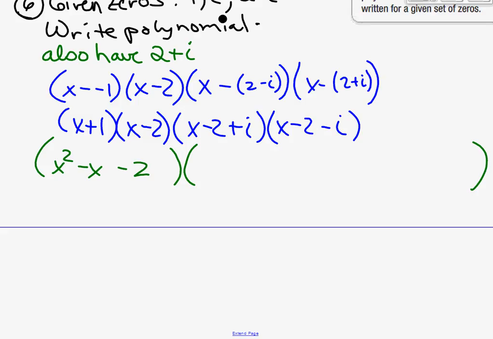So let's do this, and I'll color code again. Eli, why don't you distribute the x times this second one? I'll call it ix because I started the i already. Ashton, multiply -2 times all that stuff.